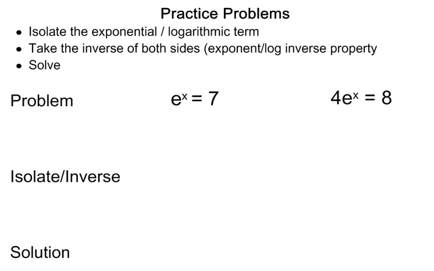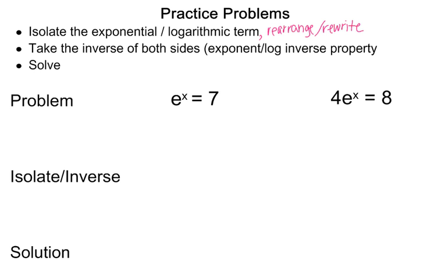So when it comes to actually solving these equations, we want to make sure we're isolating that exponential or logarithmic term. And sometimes we may need to just rearrange or rewrite things in order to get it to a form where we can use those formulas, or properties rather.